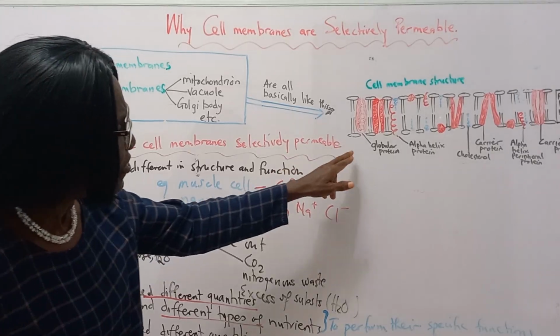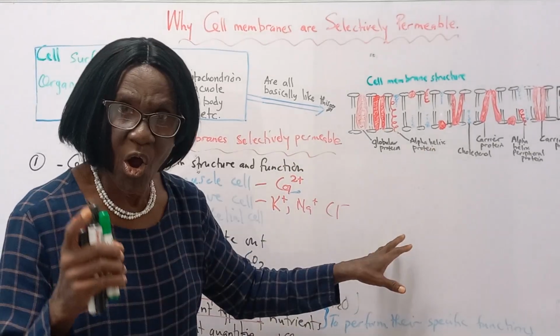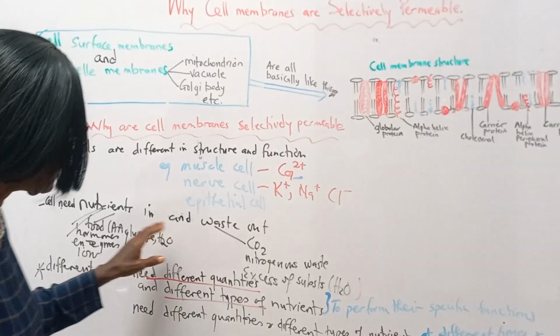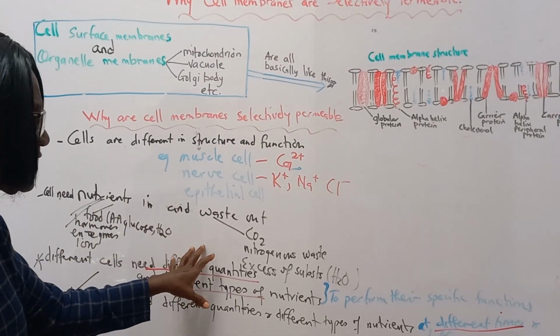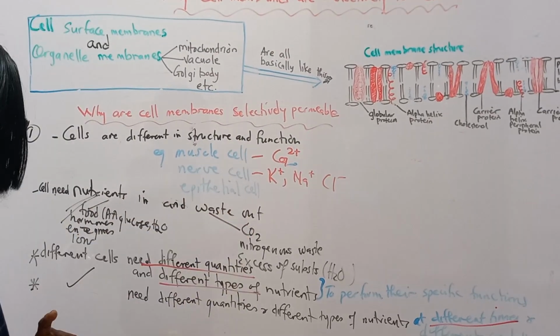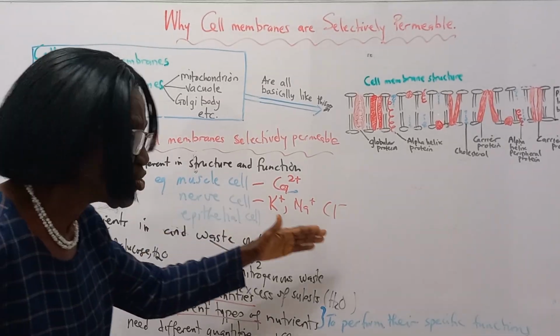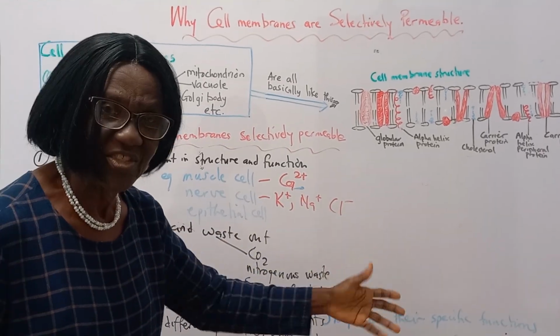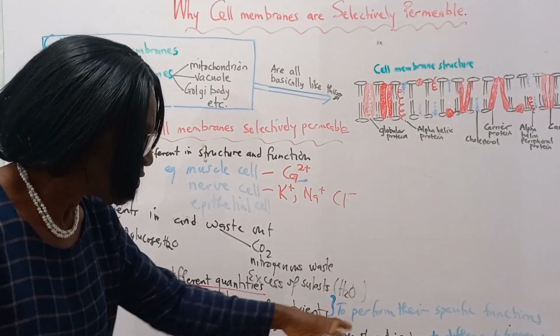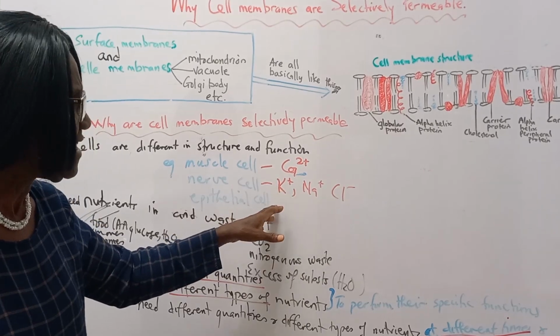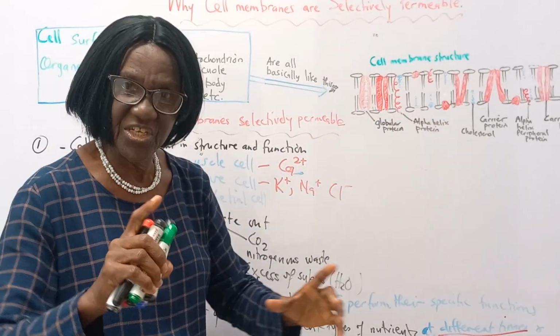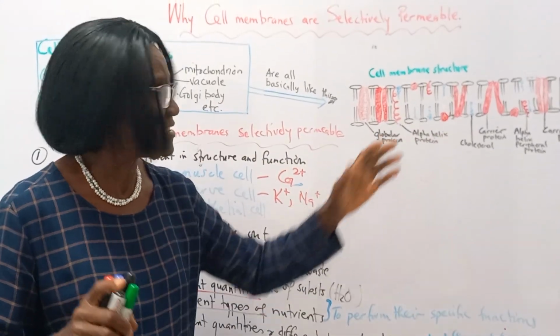Now, the membrane itself, because it needs to be selectively permeable depending upon the cell type, the situation of the cell, the function of the cell, and the conditions the cell is in, will have to change how it conducts substances.